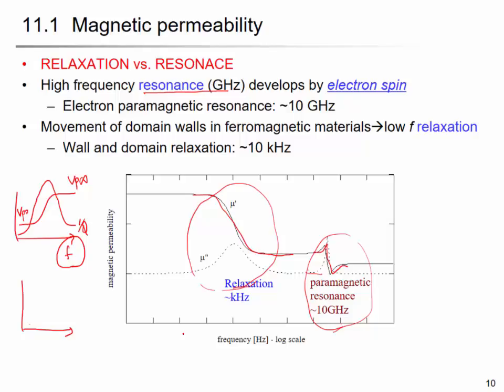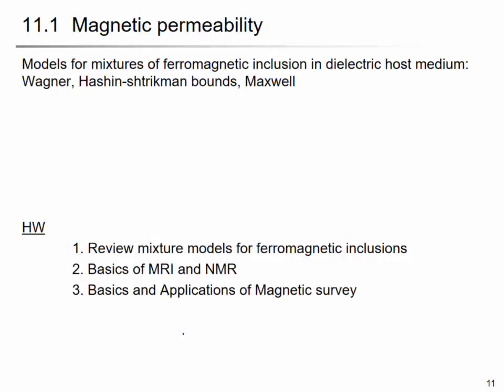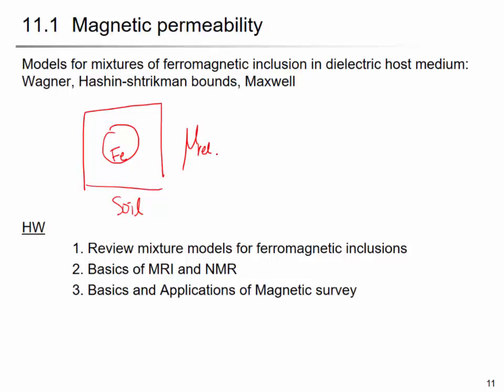So the magnetic permeability has a frequency-dependent behavior, and if you imagine that you have a mixture, for example, in the soil that's diamagnetic, and you have inclusion of the iron, then what will be the relative magnetic permeability of this mixture?